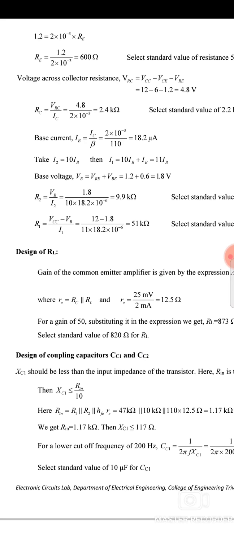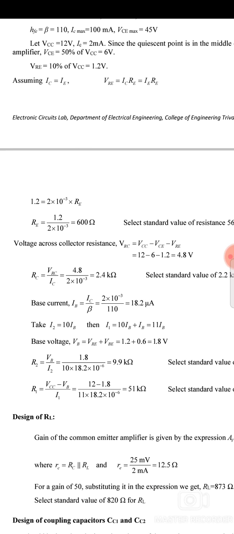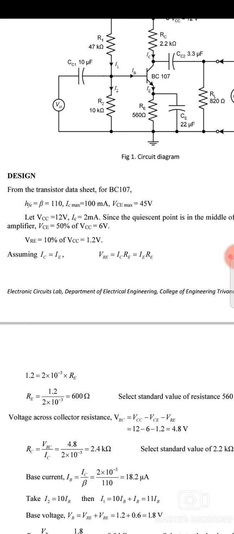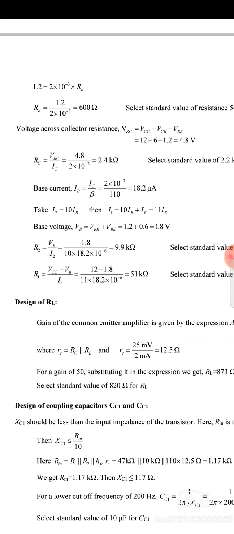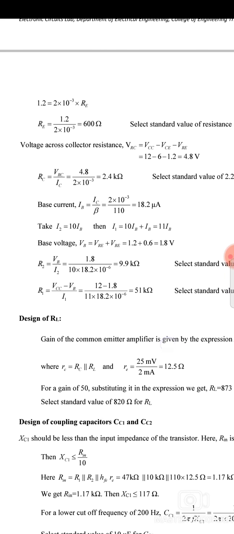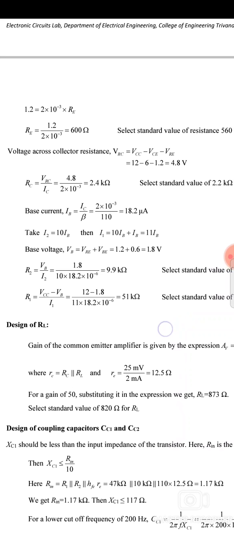Next, what is the base voltage? At the midpoint, where I1, I2 and IB meet, the voltage VB is equal to VRE plus VBE, the emitter resistor voltage plus the base-emitter voltage. VRE is already found, that is 1.2, and VBE is the standard diode cut-in voltage.